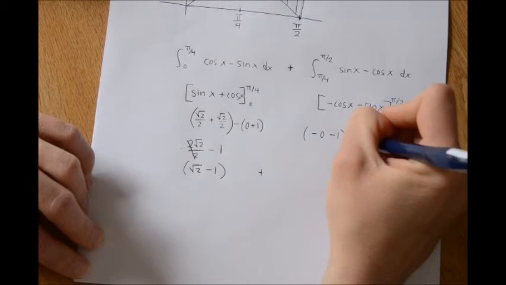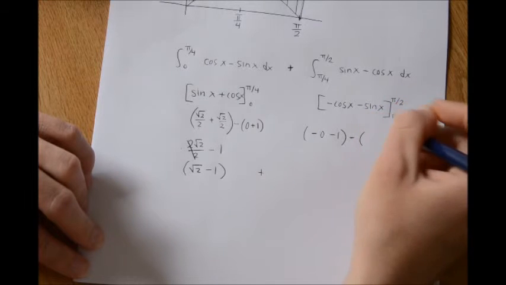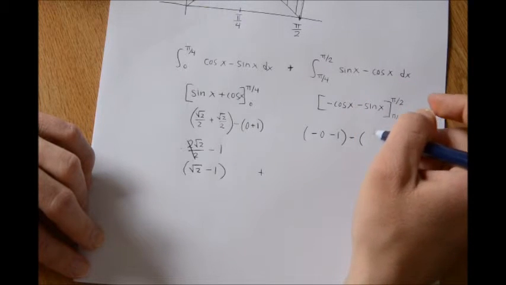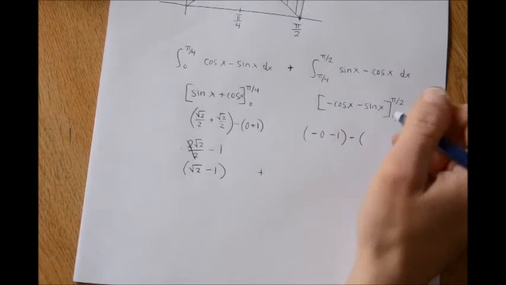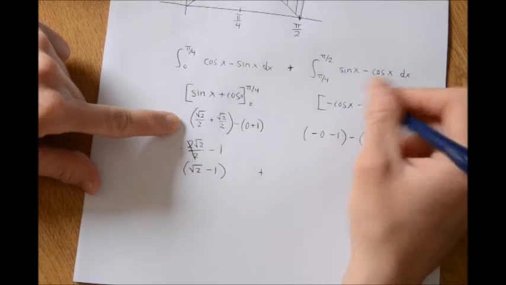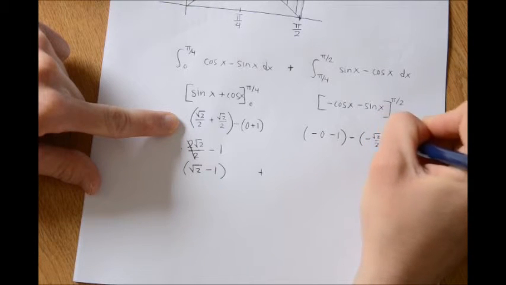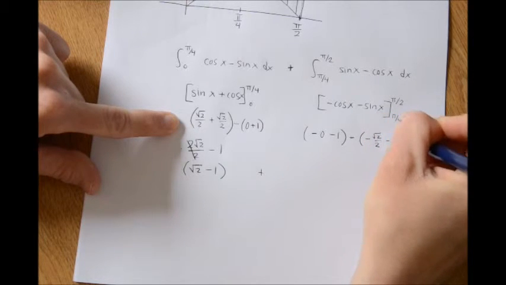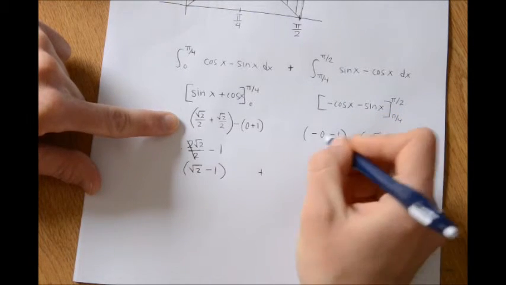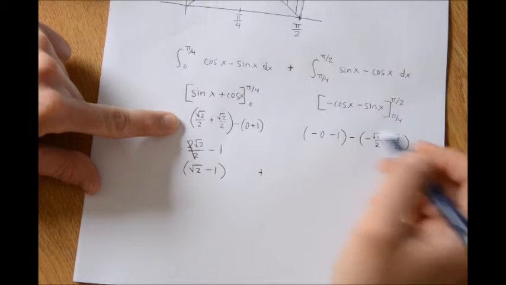And then now you're subtracting with pi fourths in there. And we knew before, from what we calculated over here, it's similar, but negative square root of 2 over 2 minus the square root of 2 over 2. So here we have negative 0, which is 0, minus 1.